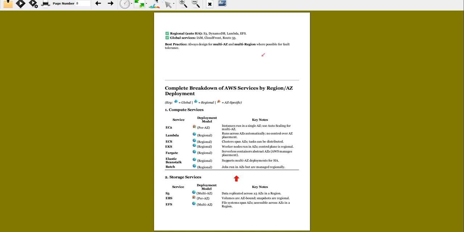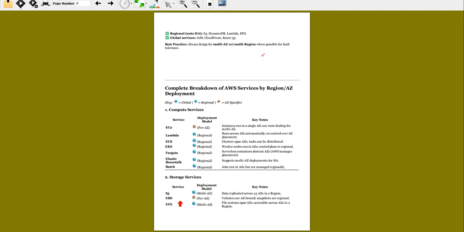And now if we go to storage services, with the deployment model and key notes. S3 buckets are multi-availability zone: data is replicated across more than 3 availability zones in a region, right?